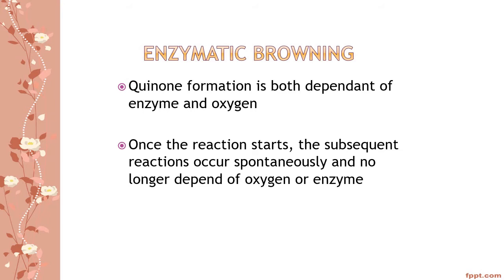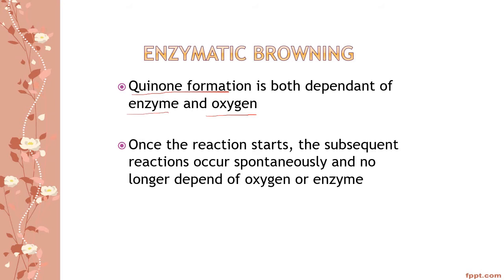In enzymatic browning, quinone formation is dependent on both the enzyme and oxygen. If the enzyme concentration is high but oxygen is low, quinone formation is not that much, compared to having both enzyme and oxygen at high levels. Once the reaction has started, the subsequent reactions occur spontaneously and no longer depend on oxygen or enzyme.